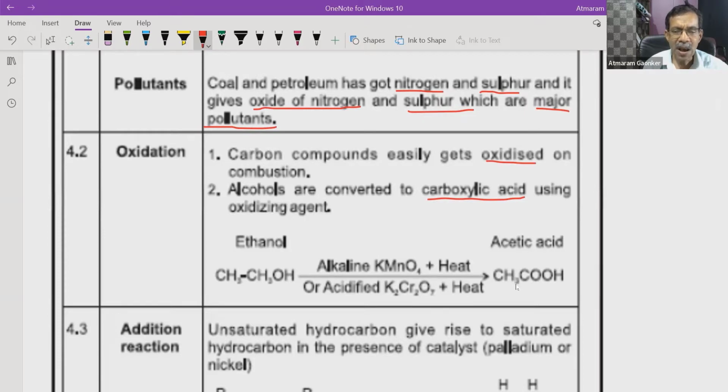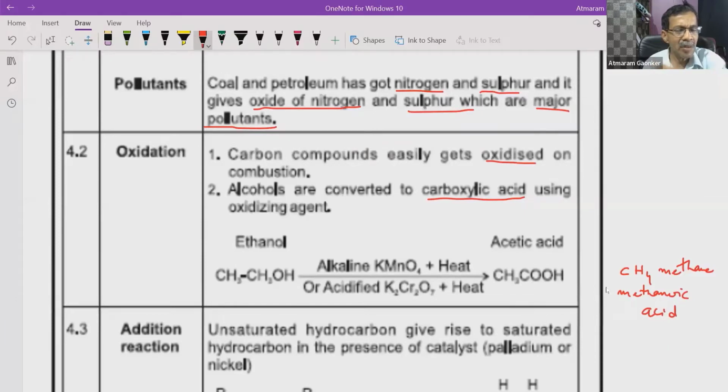Here CH3 is methyl, derived from methane, and COOH is the acid group. So CH3COOH is ethanoic acid, another name for which is acetic acid.